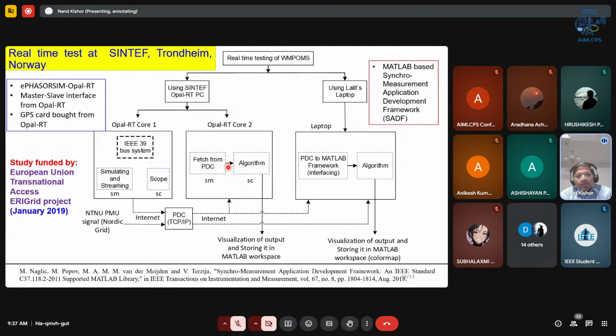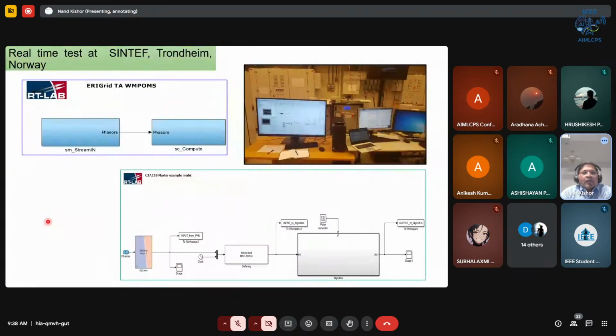We get the data from the PDCs into the algorithms, and from the PDCs to MATLAB, because the main algorithm was developed in MATLAB. To implement this real-time testing, it was part of the Irrigate project in 2019. And this is the picture that shows how the real-time testing was performed in the lab.